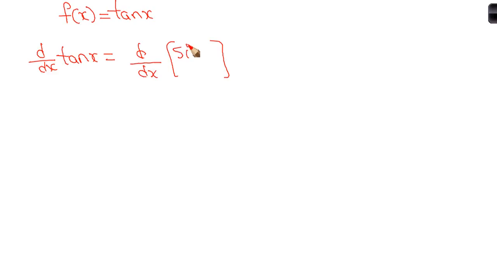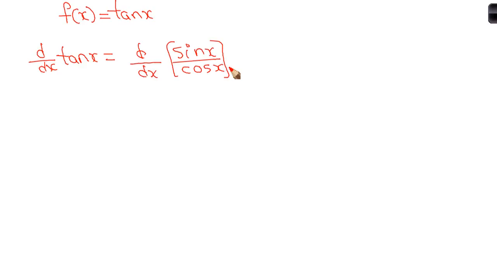Remember that tan x can be written as sin x by cos x. Why can't I use the quotient rule? As I said earlier, anything becomes very easy if we can identify the best way to solve a question. So since tan x can be written as sin x by cos x, sin x is a function which is f of x and cos x is a different function which is g of x.